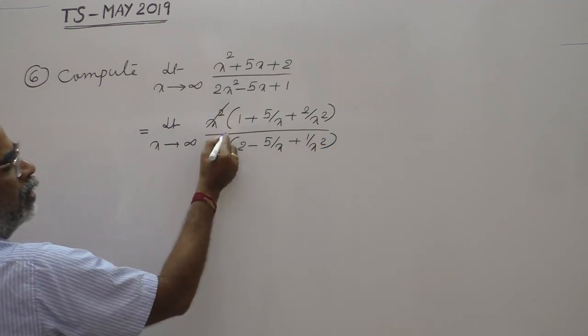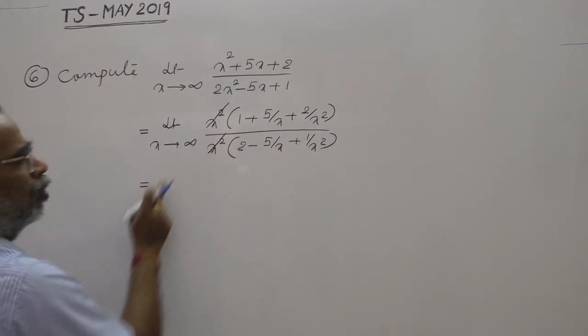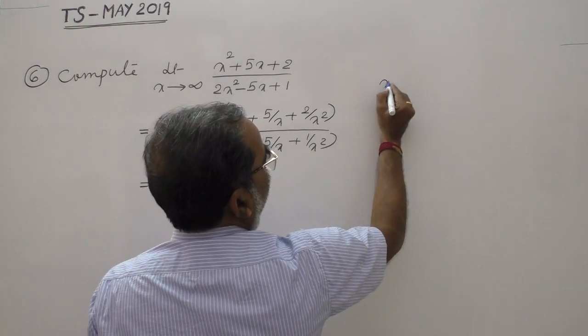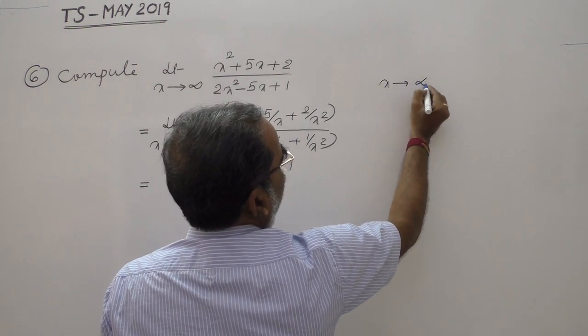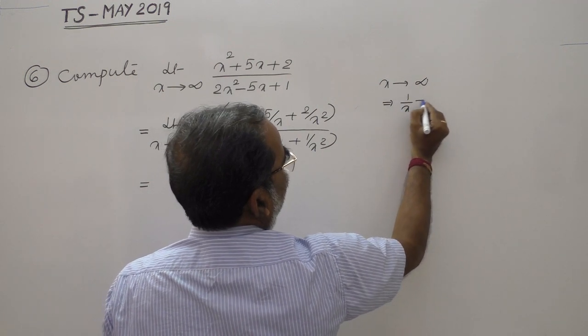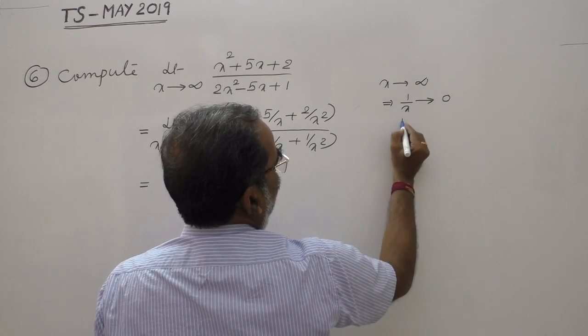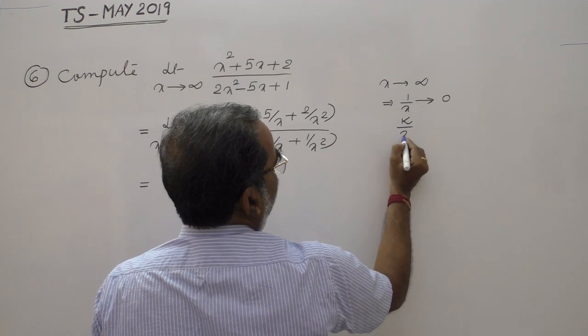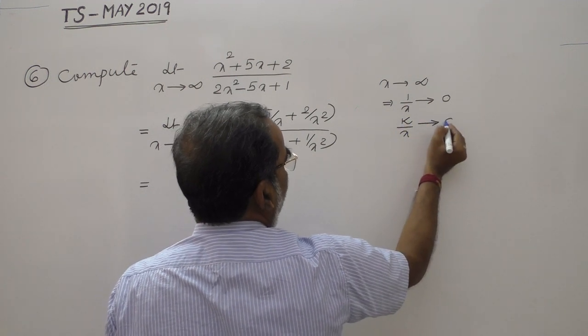So I can cut this common factor. Here x is tending to infinity. When x is tending to infinity, 1/x tends to 0. Also some constant by x also tends to 0.